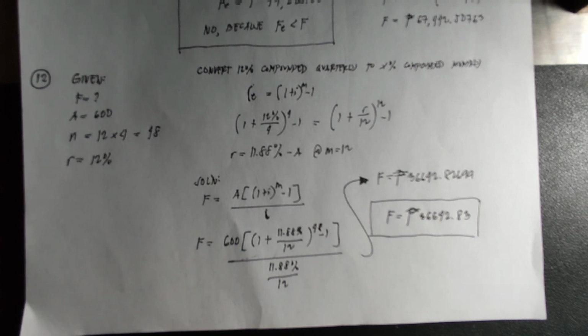And let's calculate that, and we will get that our future amount is equals to 36,642.82699 pesos, or simply 36,642.83 pesos.